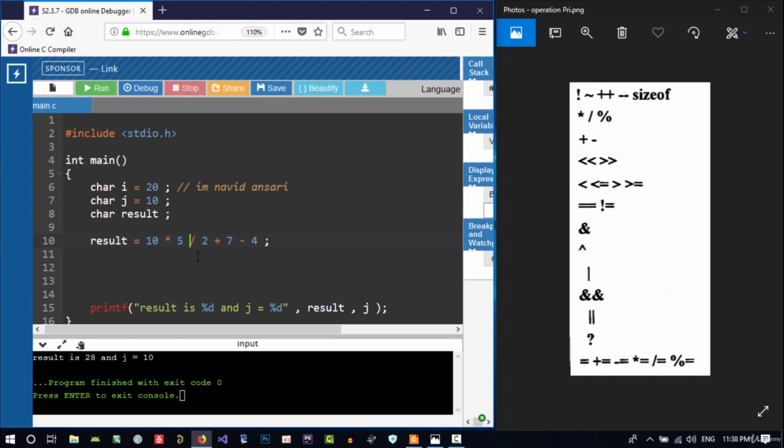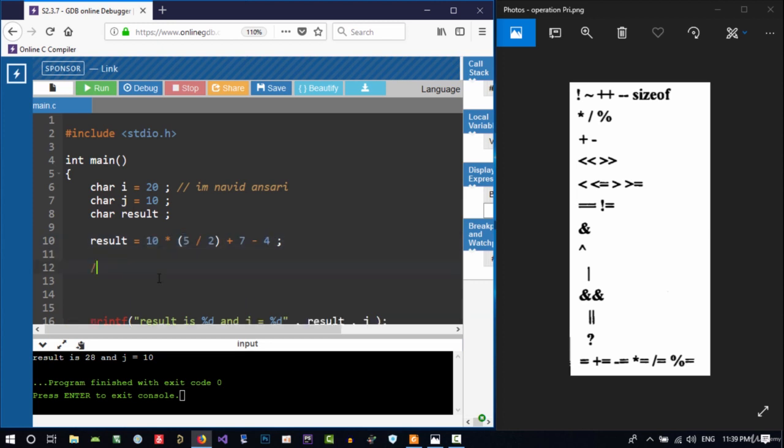Let's make a difference. You know that first this will happen, then this. If we put this in a parenthesis, so first this happens, then let's see it.